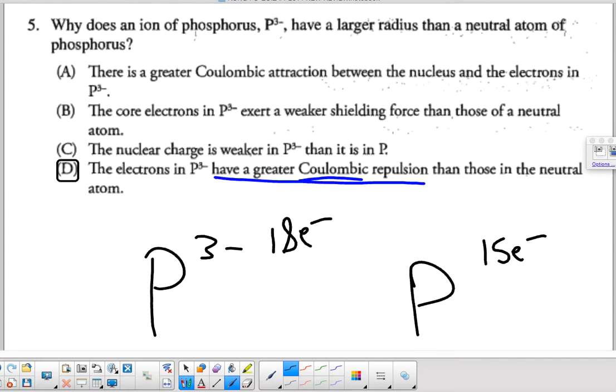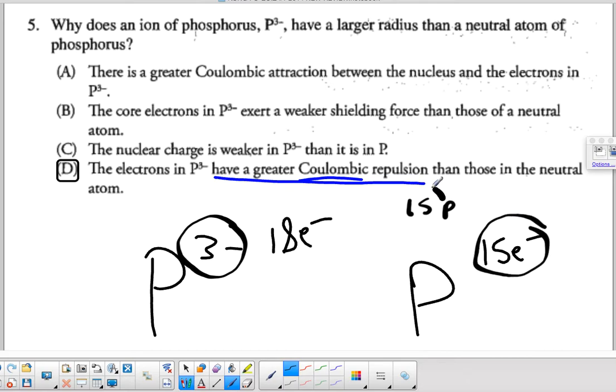All right, next one. Why does an ion of phosphorus, P3-, have a larger radius than a neutral atom of phosphorus? Think about it this way. If you're P3-, you get the charge 3 minus from the fact that you gained 3 electrons. Normally, a phosphorus atom without a charge has atomic number 15, which means it has 15 protons and also 15 electrons in the cloud. Coulombic attraction works both ways, or Coulombic repulsion.